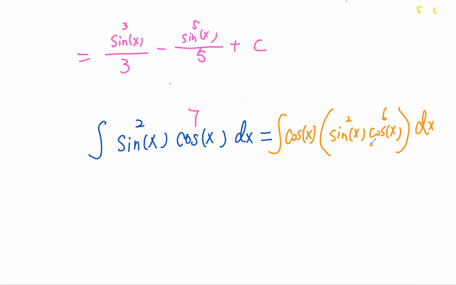Now the question: do we have an issue changing cosine x to the 6 to be sine? I want everybody to try that. Then tell me what the sine is gonna be for cosine x to the 6. All right, let's everybody do that right now. Look at our formula, then try to convert everything to be sine. If you are able to do that, you have no problem solving this type of problem in the future.